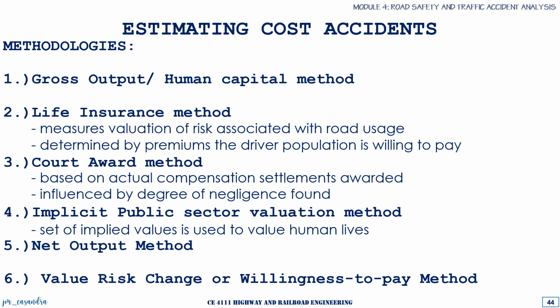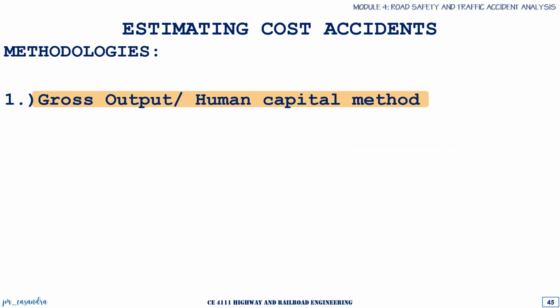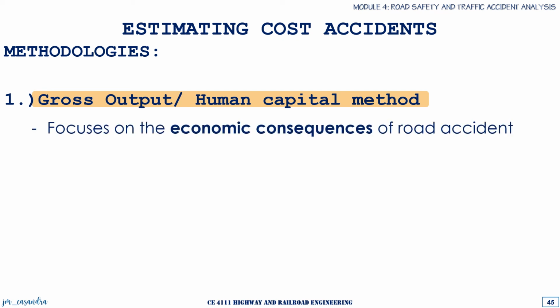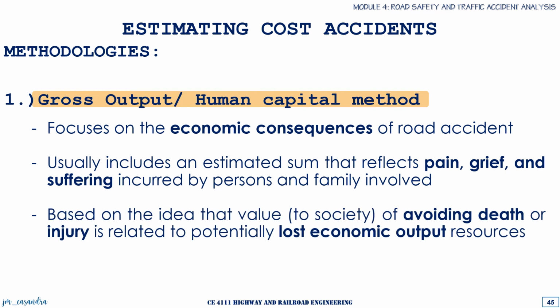Though we have several methods in estimating the cost of accidents, in today's time, there are only two main methods used. That is the gross output or the human capital method and the value of risk change or the willingness to pay method. For gross output or the human capital, this focuses on the economic consequences of the road accident. This usually includes an estimated sum that would reflect the pain, grief, and suffering incurred by persons and family involved.